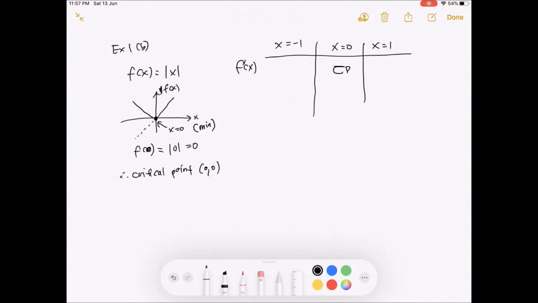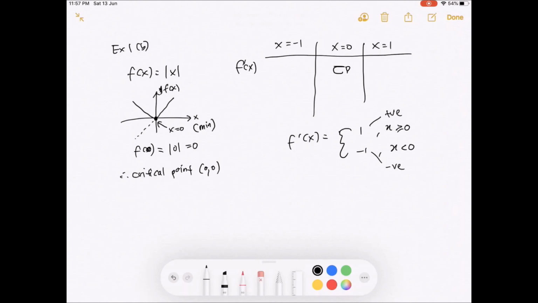When x equals -1, f prime x will be either 1 or -1 depending on whether x is greater than 0 or less than 0. The slope is positive if x is greater than 0, and the slope is negative when x is less than 0.